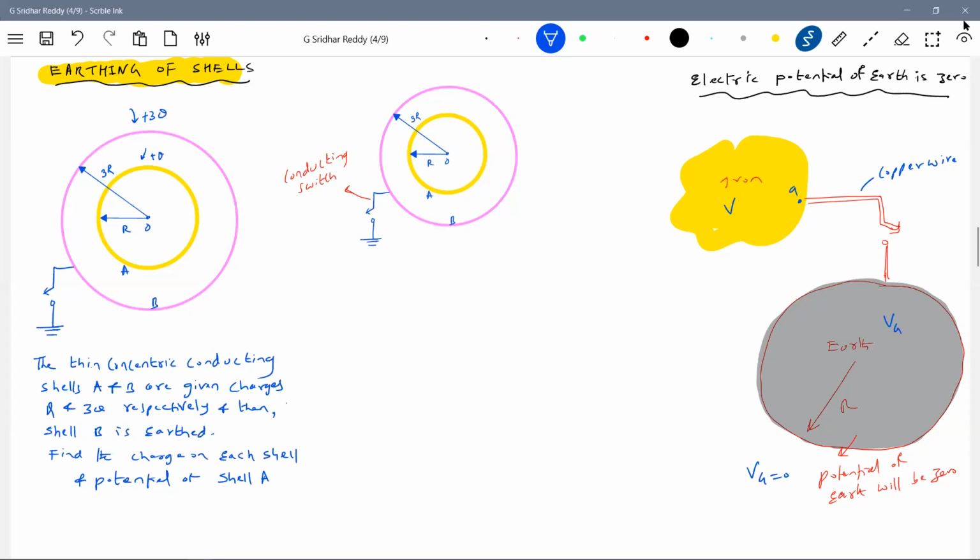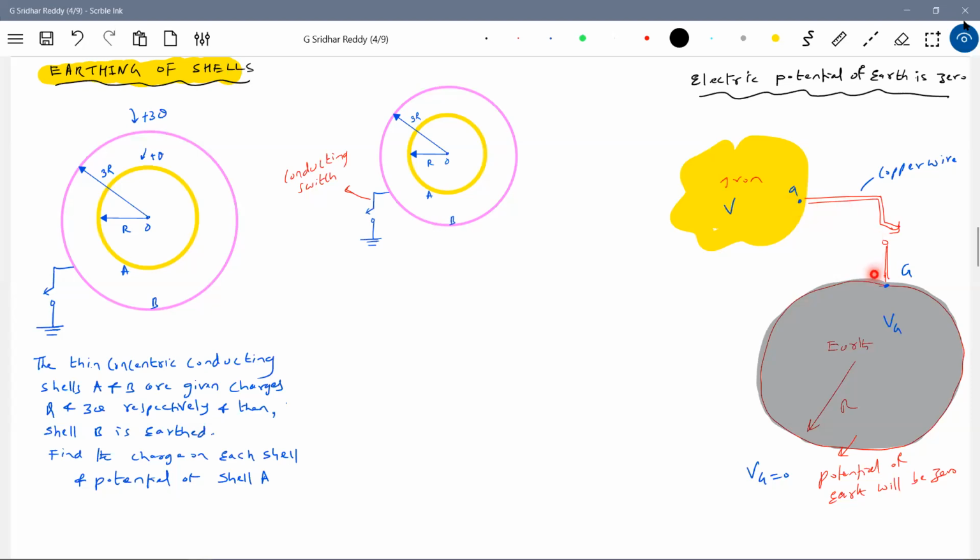There's a point A and a point G. When I close this, the copper is also a conductor, and a conductor is equipotential. So this wire will make the potential of the iron body equal to that of the Earth. The reason is that the wire is a conductor and a conductor is an equipotential surface. Getting the idea?